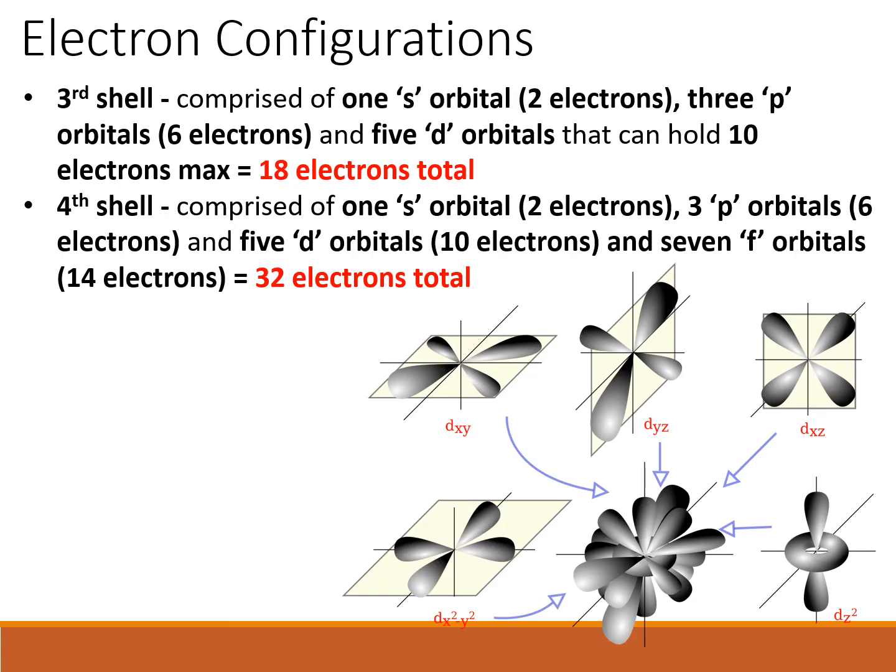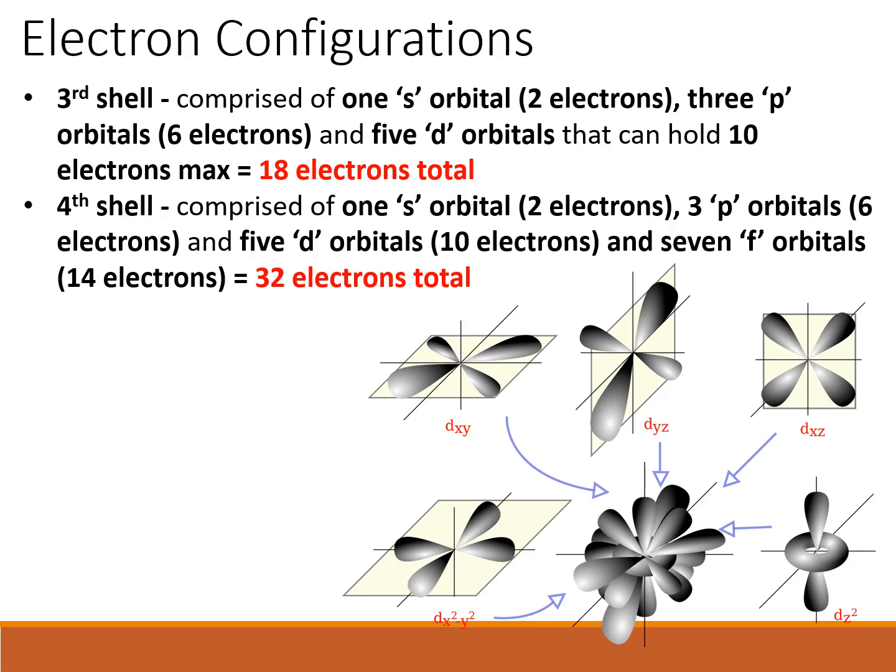The third electron shell is comprised of one s orbital, which holds 2 electrons, 3 p orbitals, each of which holds 2 electrons for 6 total, and 5 d orbitals. Each of the d orbitals holds a pair of electrons. Because there are 5 of them, there are 10 in those 5 d orbitals. 10 plus 6 plus 2 equals 18.